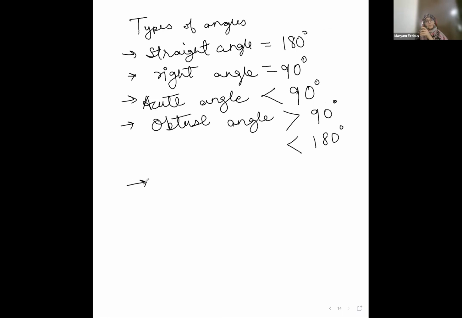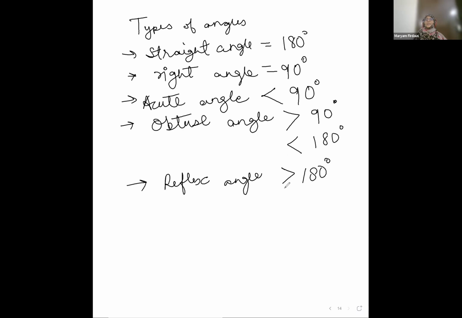Then what if something is more than 180 degrees? What do we call it? Reflex angle. Oh, yeah, reflex. Reflex angle is greater than 180 degrees. Not necessarily 360. It can be 200 degrees.